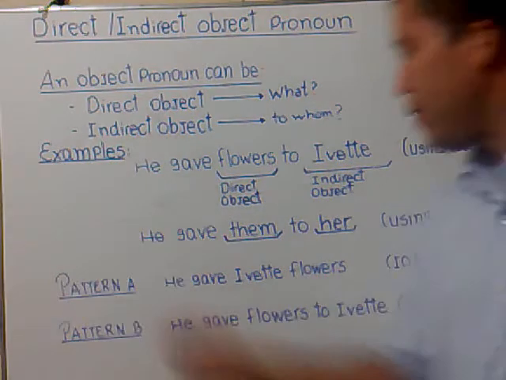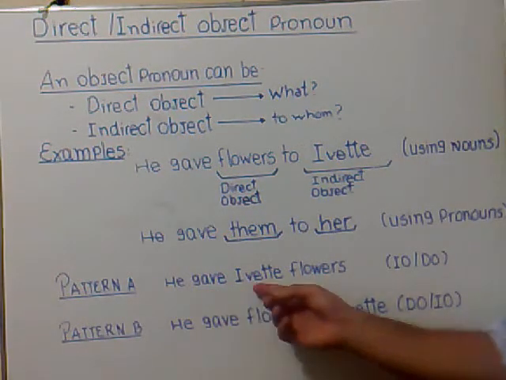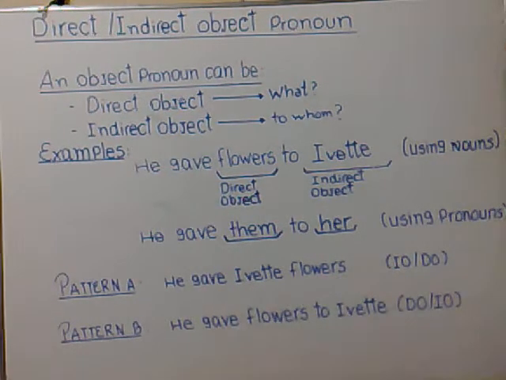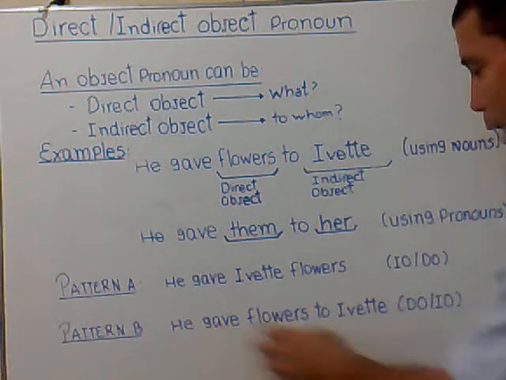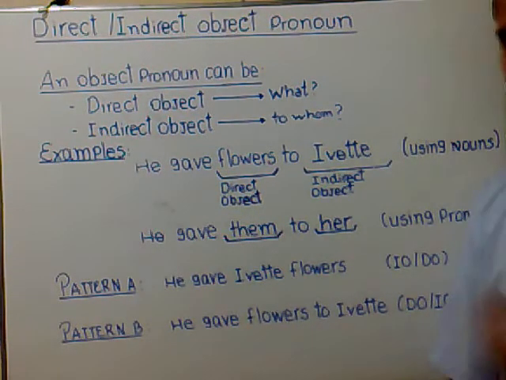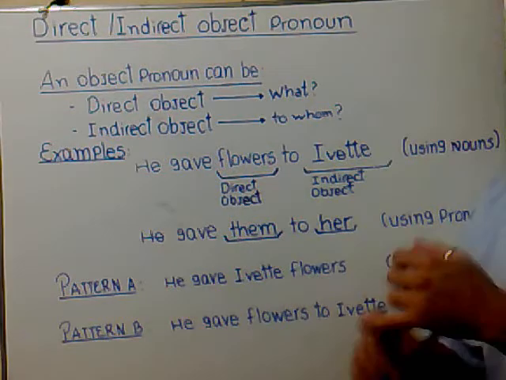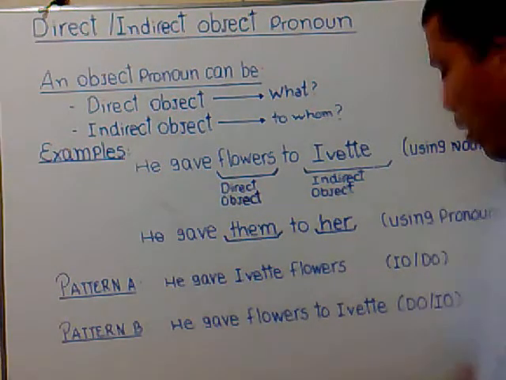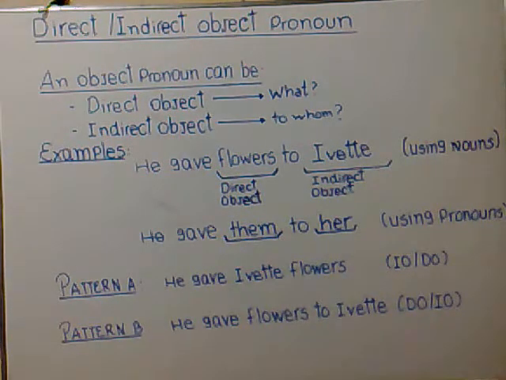Pattern A could be, he gave Yvette flowers: indirect object, direct object. Pattern B, he gave flowers to Yvette: direct object, indirect object. Again, depending on the verb we're using and depending on the position of the object pronoun.